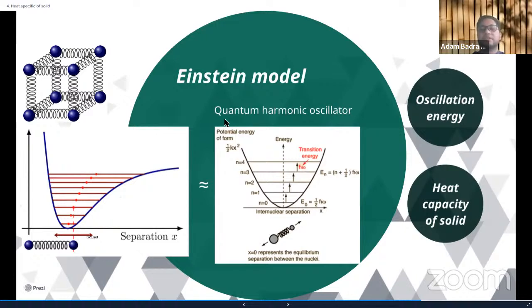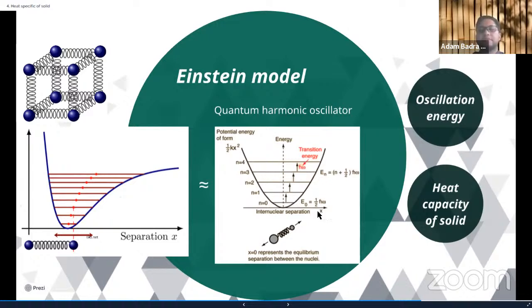This is among the first, simple models used in the textbook. So we have potential energy in the form of a simple spring, half kx squared, where k is the spring constant.